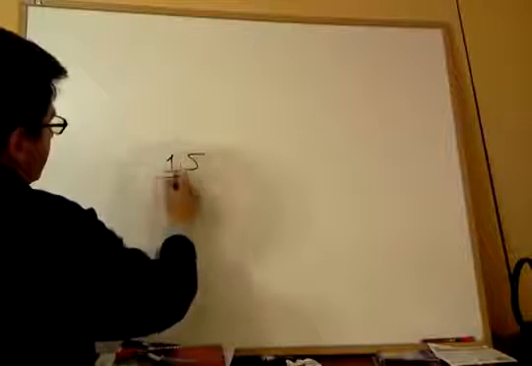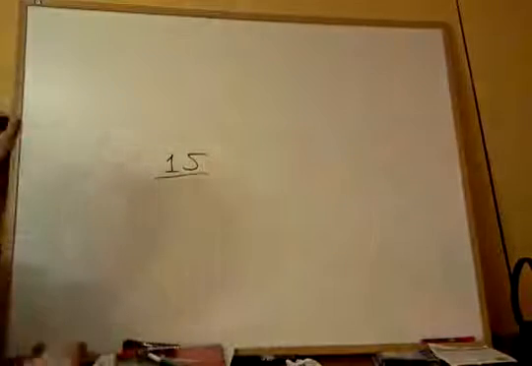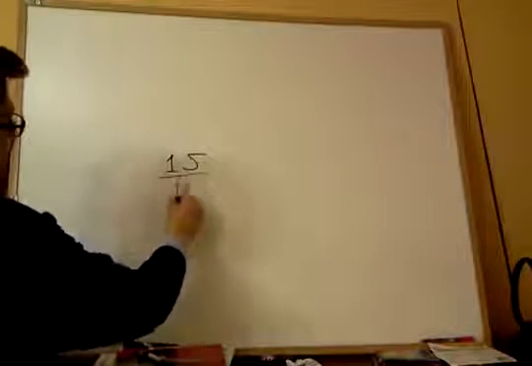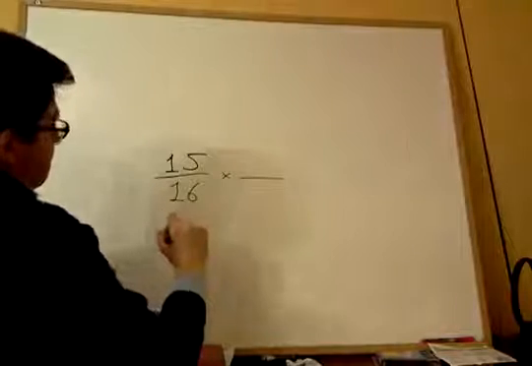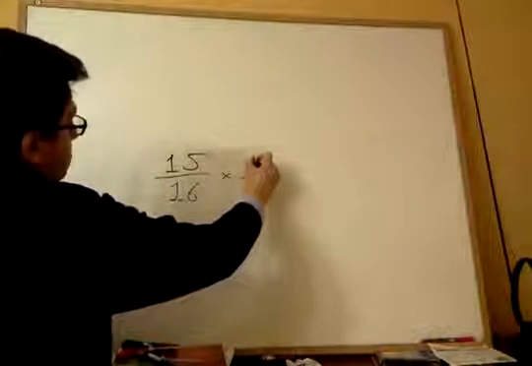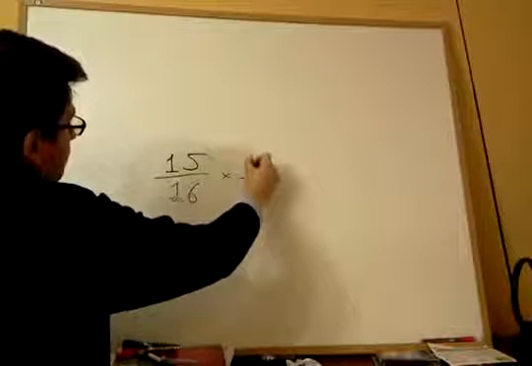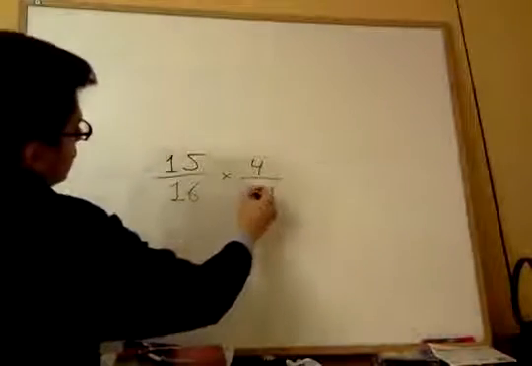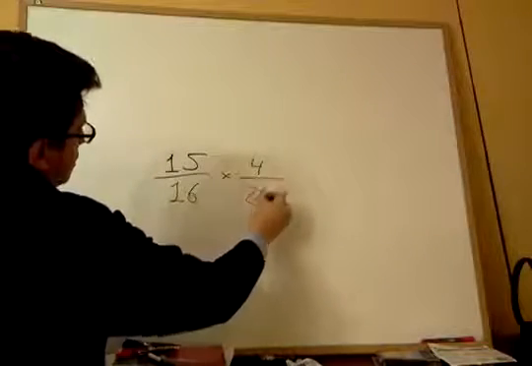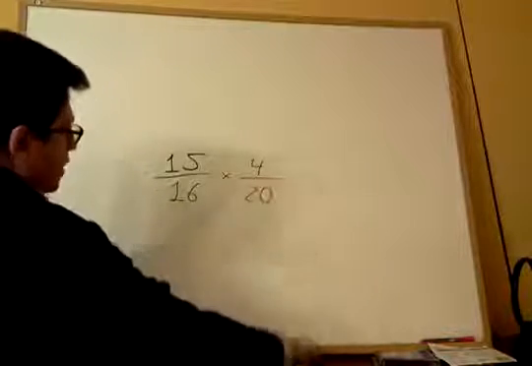Now we'll do another example. 15 out of 16. We'll multiply by 4 out of 20. No, let's make it 25.